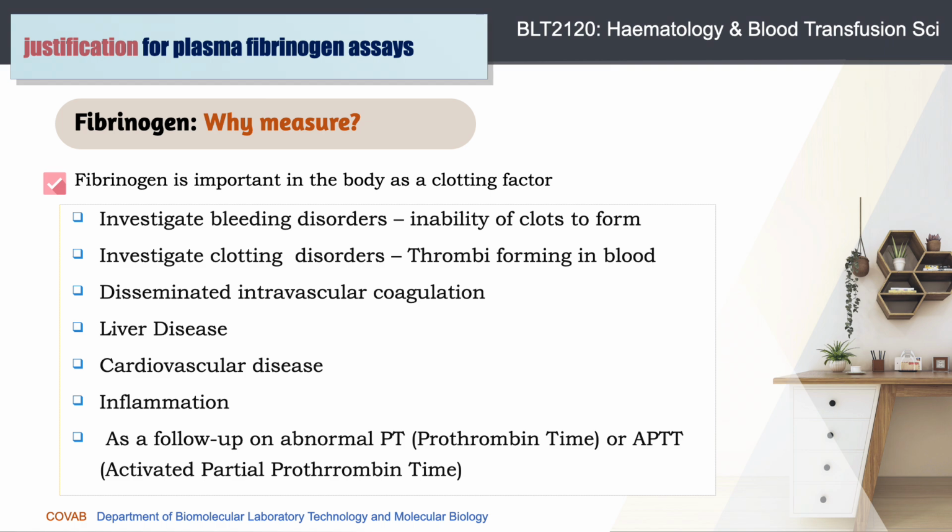We use its measurements to investigate bleeding disorders, such as the inability of clots to form, to investigate clotting disorders, where thrombi are forming in the blood, investigate disseminated intravascular coagulation, liver disease, cardiovascular disease, including cardiovascular surgery and recovery, inflammation, and we also measure fibrinogen as part of the follow-up on abnormal prothrombin time or abnormal activated partial thromboplastin time.